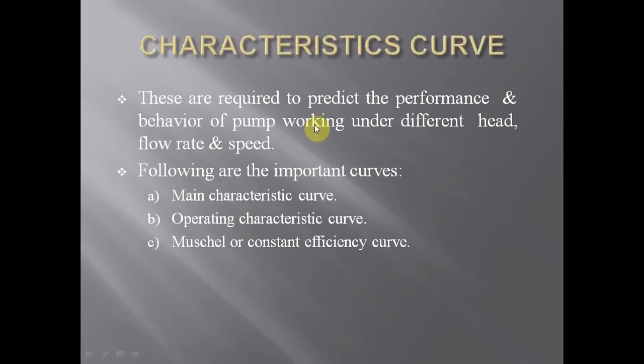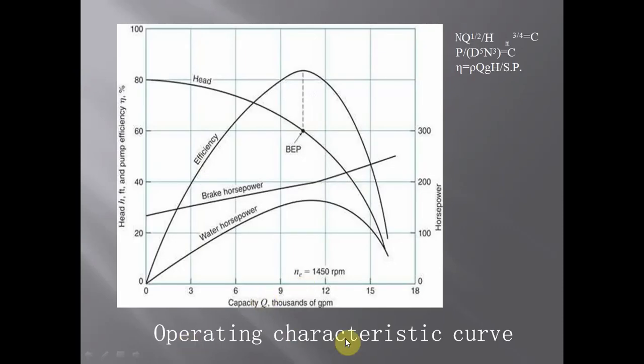Characteristic curves. These are required to predict the performance and behavior of a pump working under different heads, flow rates and speeds. Following are the important curves: main characteristic curve, operating characteristic curve, and muschel or constant efficiency curve. So this is the operating characteristic curve, with capacity in thousands, then head versus capacity.